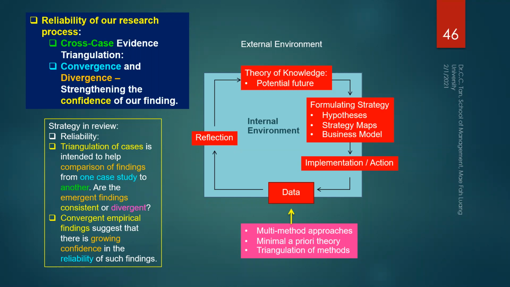Okay, so that's called cross-case convergence or cross-case divergence, to see whether there is a similar or theoretical trend, or whether there are certain unique cases of companies, of different sizes, different leadership, or different culture that diverge out, that allow you to see the differences.